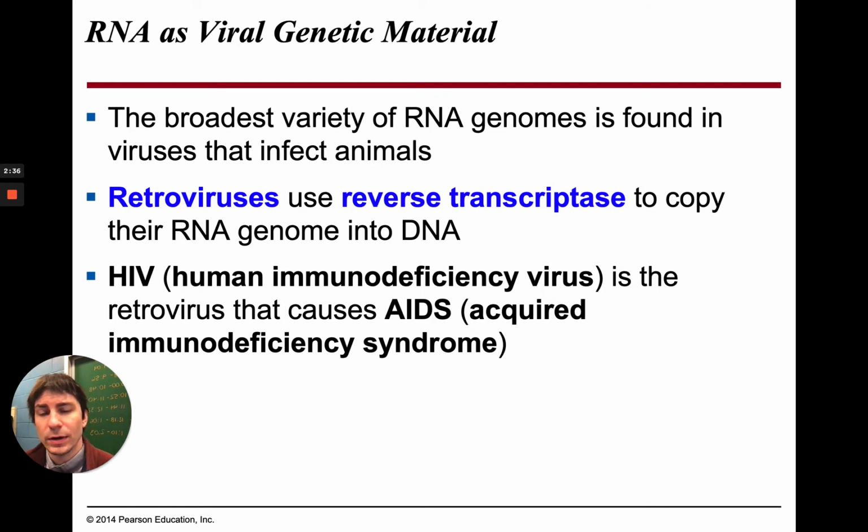So what these retroviruses can do is they can go through a process called reverse transcriptase. Now transcription, again, is DNA to RNA. If we reverse that process, which is what the retrovirus is going to go through, it's going from RNA to DNA. So they are able to use the RNA, make it into DNA, and then put that DNA into our genome, and that's how the retrovirus becomes pretty much part of our cells.